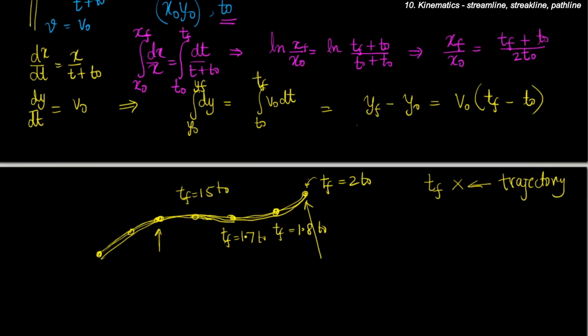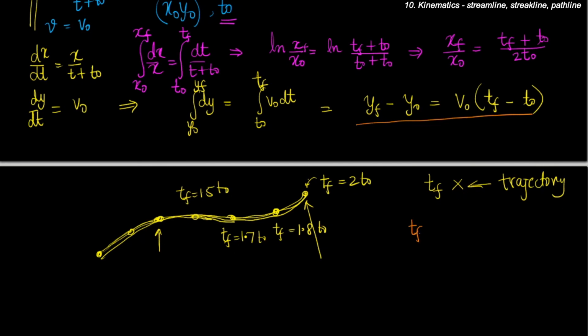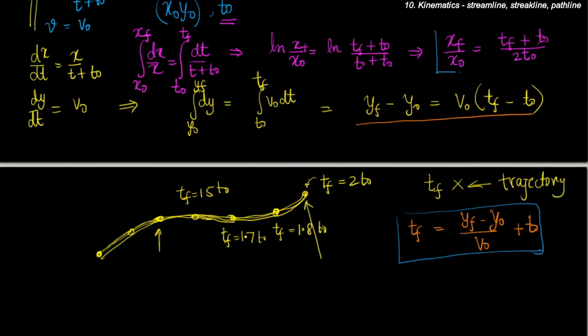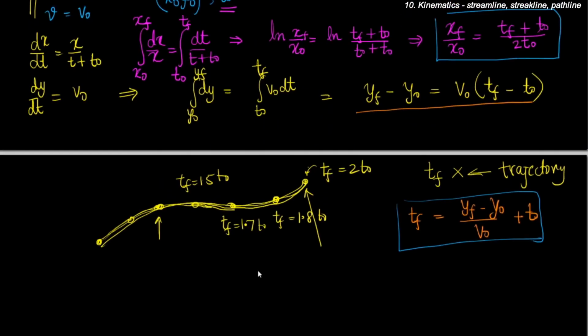So let us write down Tf in terms of the other parameters. Tf will be equal to (Yf minus Y0) divided by V0, plus T0, and this particular value of Tf we can substitute in this expression. So we have xf upon x0.